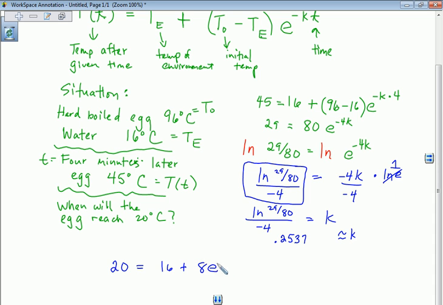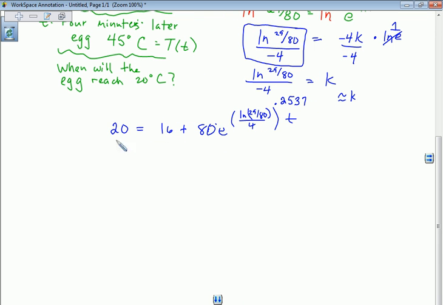That's not 80, it's 80e, and then the k. It's negative, and it's negative k, so a negative and a negative makes a positive. So I can just do the ln of 29/80 over 4, and it always opens it on your calculator, so you'll have to close it. Times t.